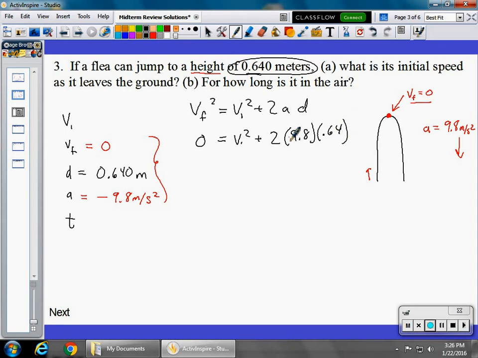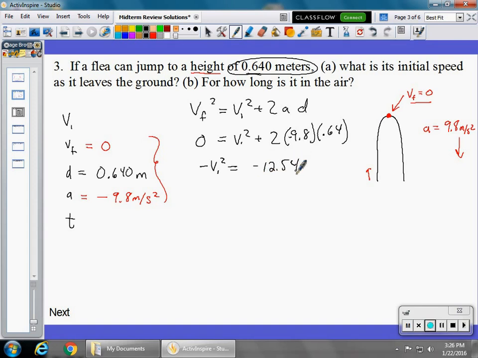And I forgot to make this a negative 9.8. That's important, because when we bring this to the other side, I'm going to get negative VI squared on the left when I subtract VI squared from both sides. And I'm going to have what's left when I multiply these together, which is going to be negative 12.54.